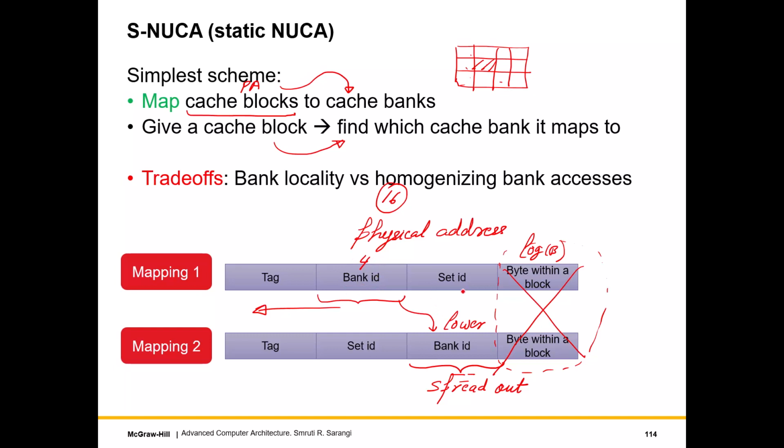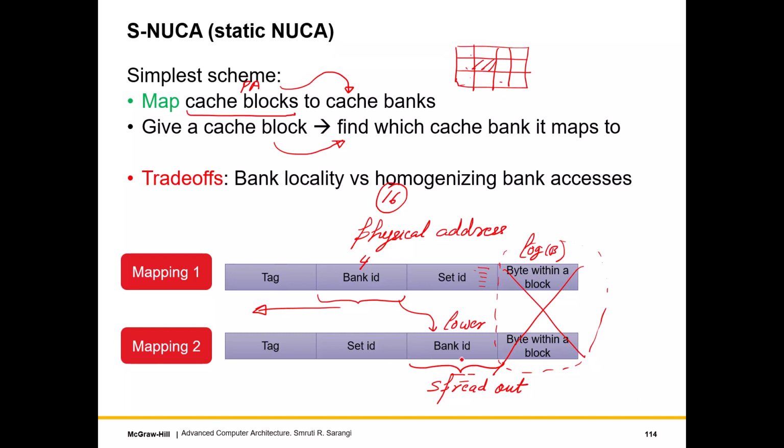But of course, if we look at set IDs, in this case, the sets will be distributed homogeneously, which could be an advantage in the sense that even though bank accesses will be clustered, within a bank the data will be uniformly distributed across the sets, whereas in this case the banks will be random.